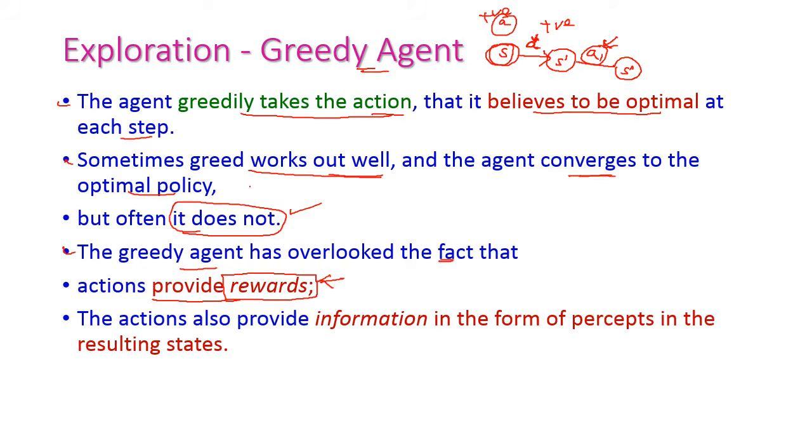Based on the reward only the agent will select the actions. The agent will get information from the actions, and the action also provides information about the state perceived as a result. For a particular action, which resulting state will we get? So the action will provide reward points as well as information about the neighboring state.